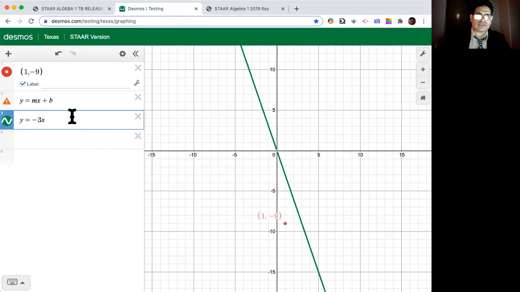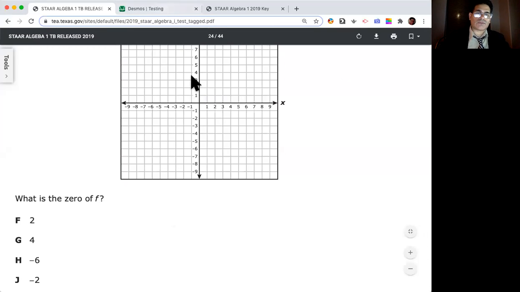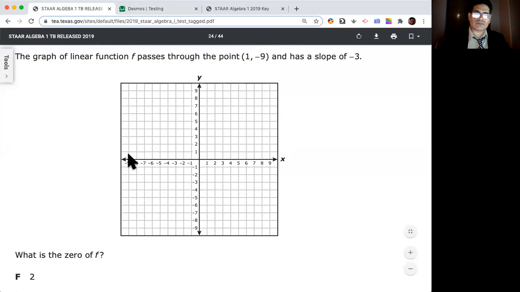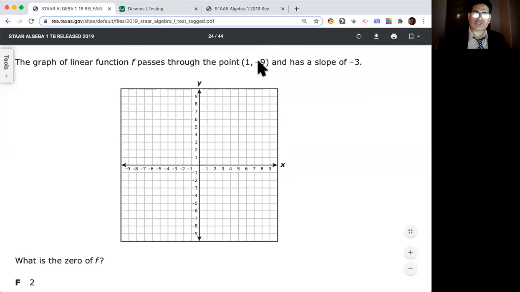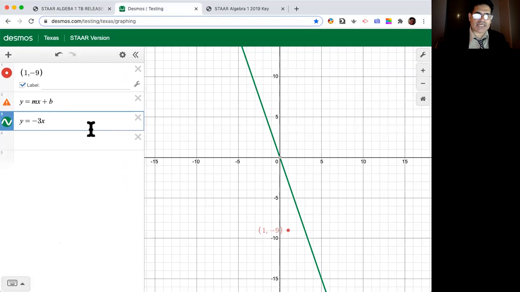Let's try listing all of our points over here. The first one is 2. Our line has to go through this dot, so this coordinate has to satisfy the -3x.